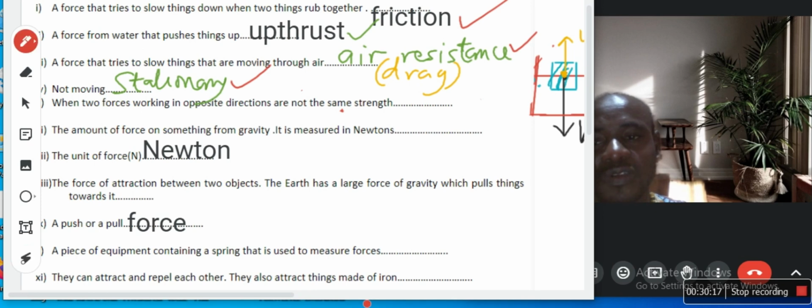That's unbalanced force. You didn't take note of that. Why is my F not working? Okay, this should be unbalanced force.